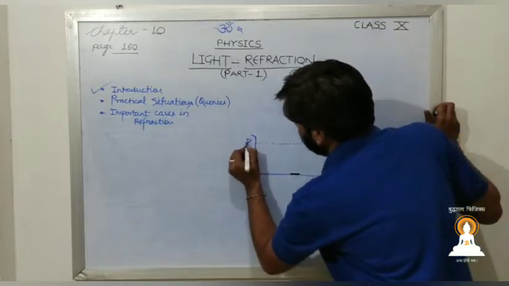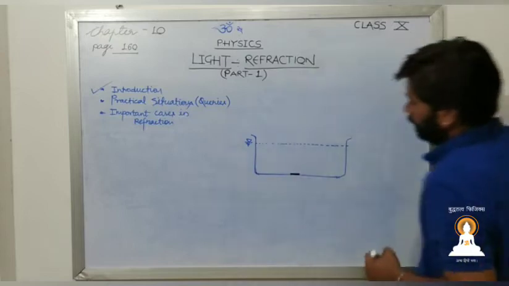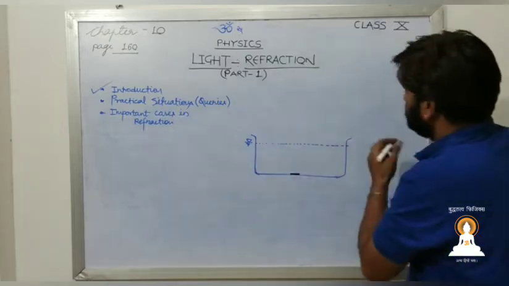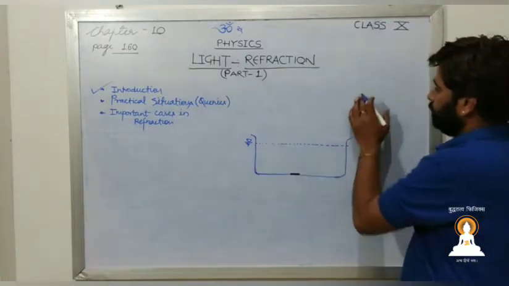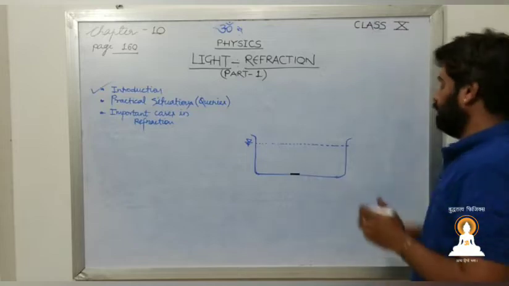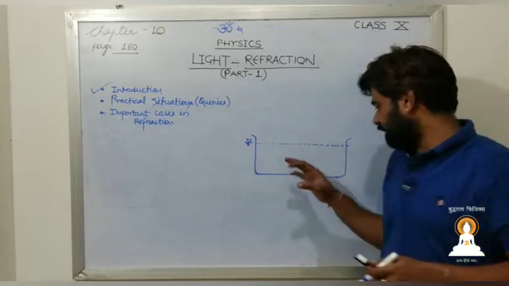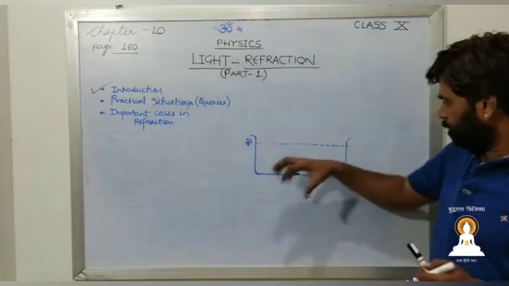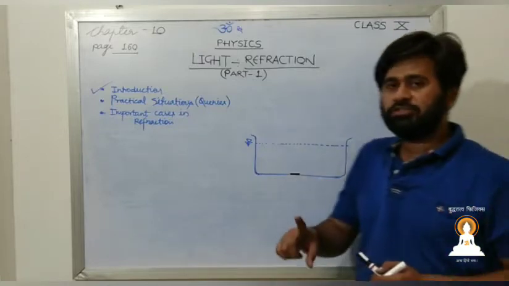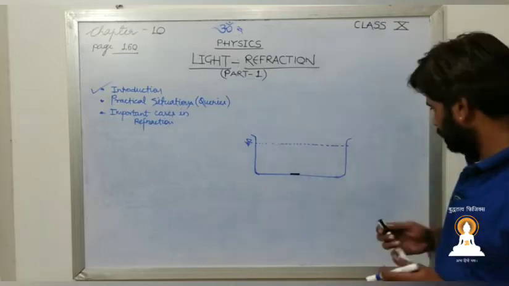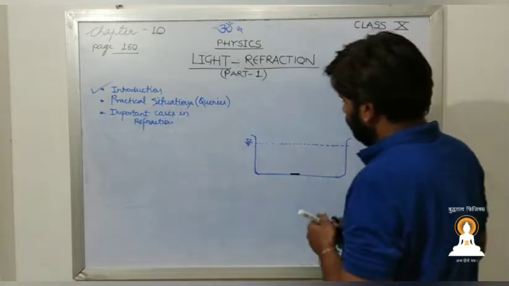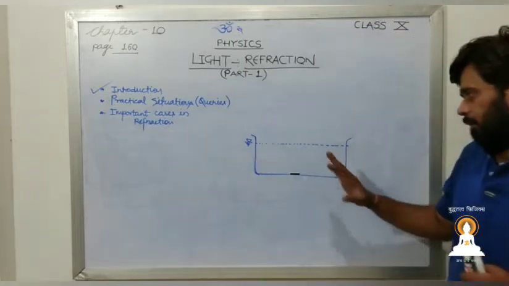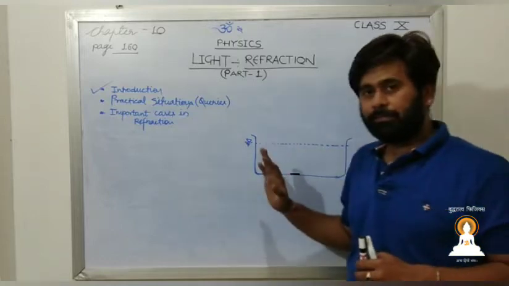If you are seeing this coin from outside, and someone asks you to pick this coin up, will you be able to pick it in one attempt? Let us see. Can we, or can we not?